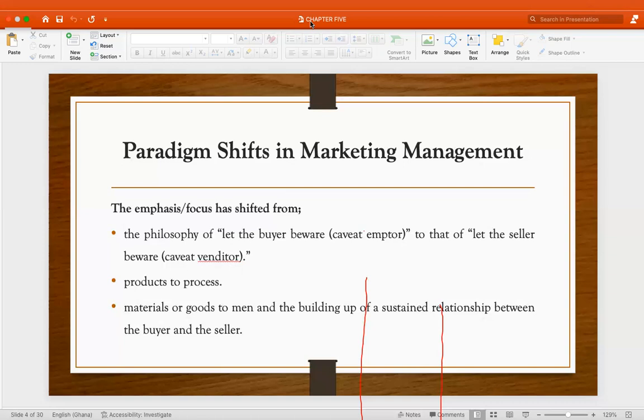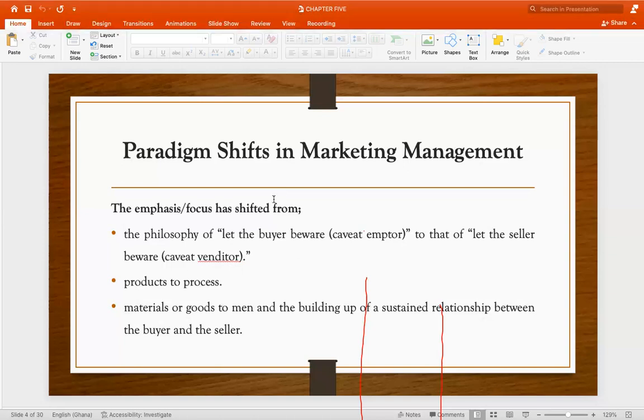The buyer should be able to get what he or she has bargained for. It has also shifted from products to process. It's not just the final outcome, but how the outcome came about that is very important. For instance, you display the product in marketing and bottle it nicely, but how was it produced?